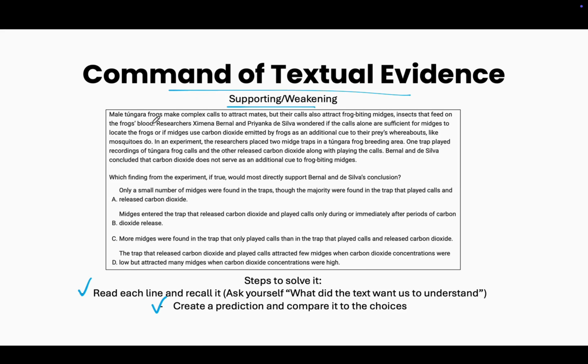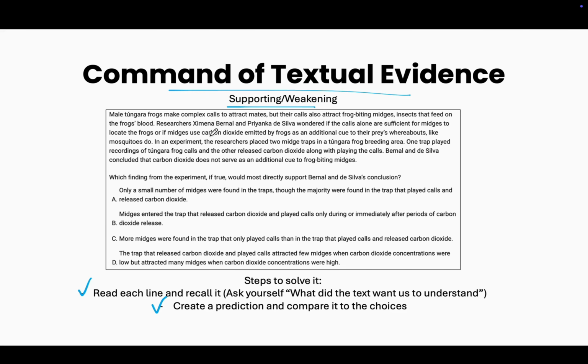It says male Tungara frogs make complex calls to attract mates, but their calls also attract frog-biting midges, insects that feed on the frog's blood. So these male frogs make sounds to attract female frogs, but the sounds also attract some insects that drink the frog's blood.